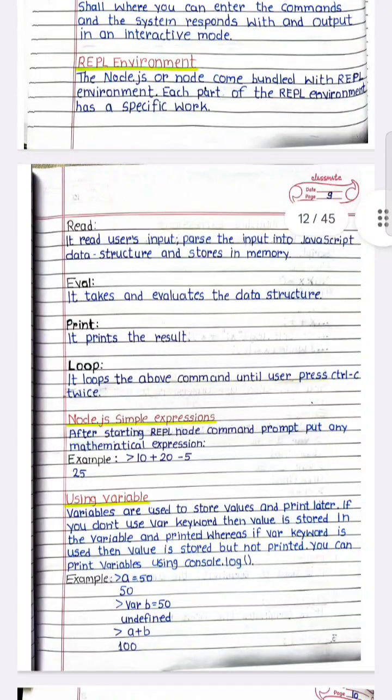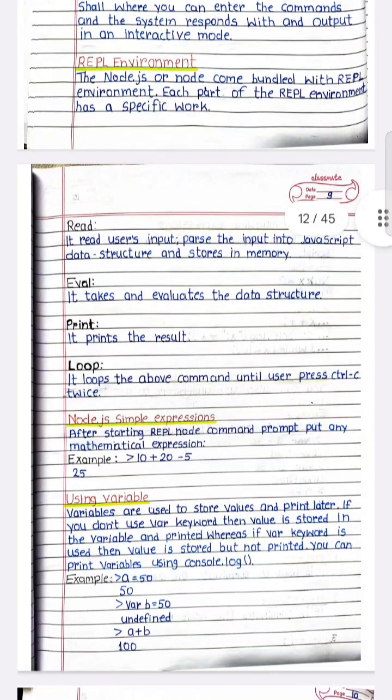The next one is the REPL environment. What is a REPL environment? Node.js, or you can call it node, bundles a REPL environment. Each part of REPL has a specific word.